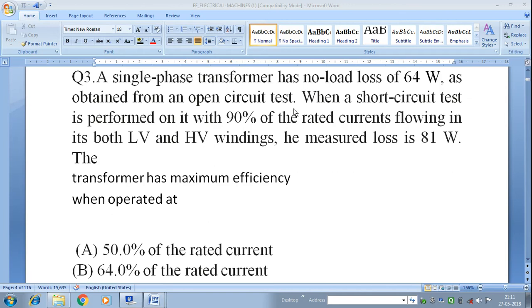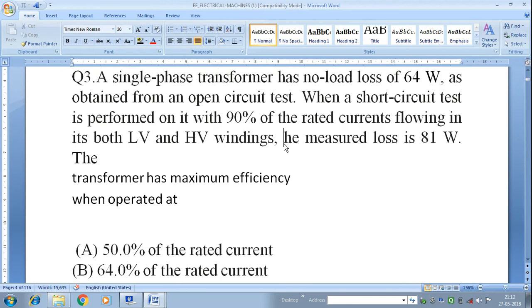When short circuit test is performed on it with 90% of the rated current flowing in its both LV and HV winding, the measured loss is, sorry, there is some printing mistake.